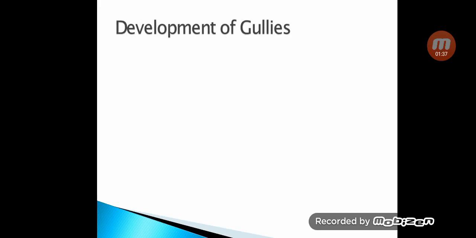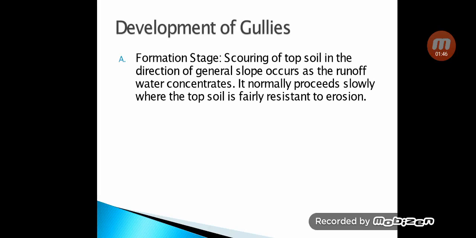So we'll see what the stages in the development of gullies are. There are 4 stages. The first stage is the formation stage, in which the topsoil is scoured. Scoured means it is removed, in the direction of the general slope, as the runoff water concentrates.